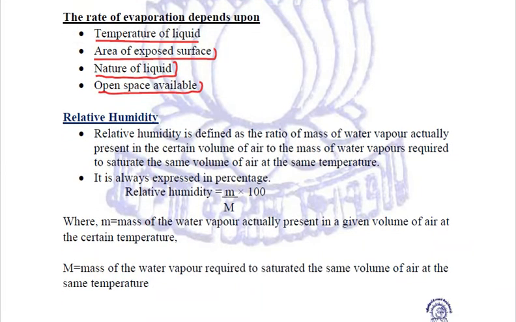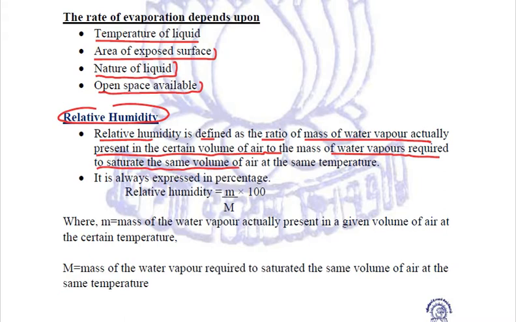First is relative humidity. Relative humidity is defined as the ratio of mass of water vapor actually present in a certain volume of air to the mass of water vapors required to saturate the same volume of air at the same temperature. This is relative humidity.